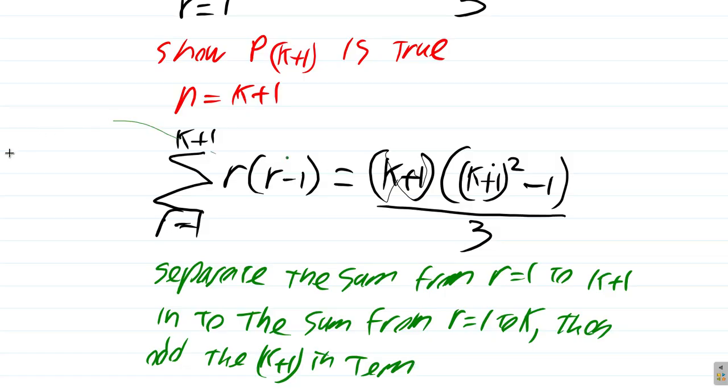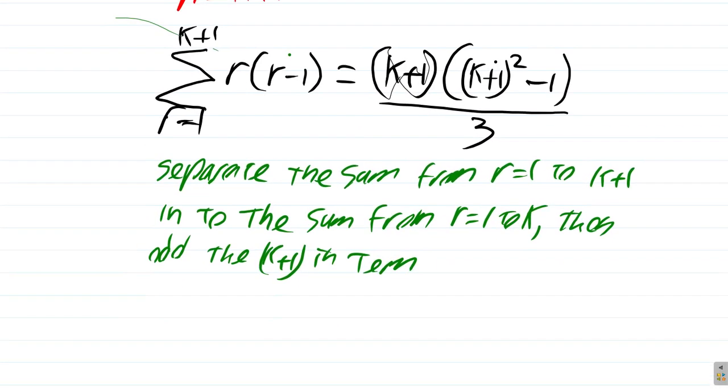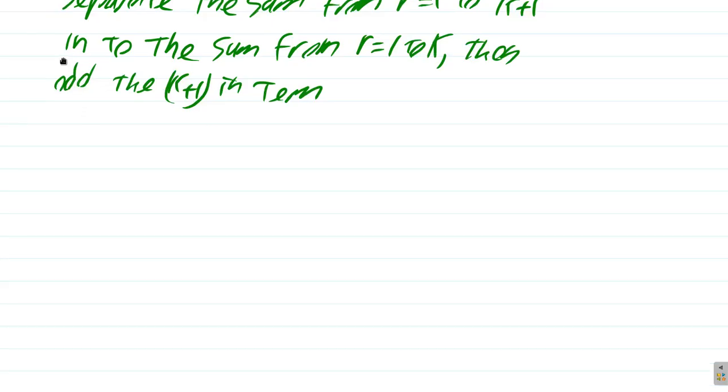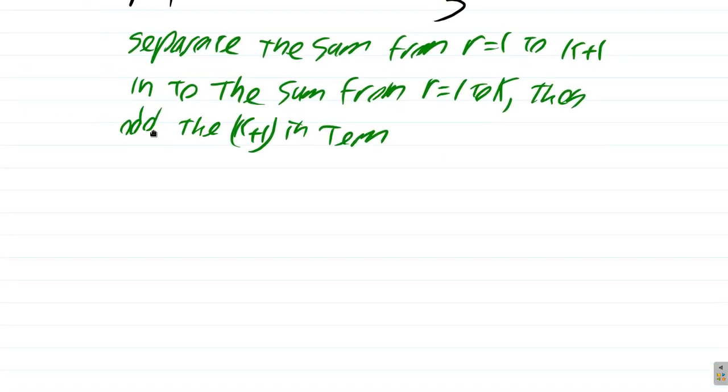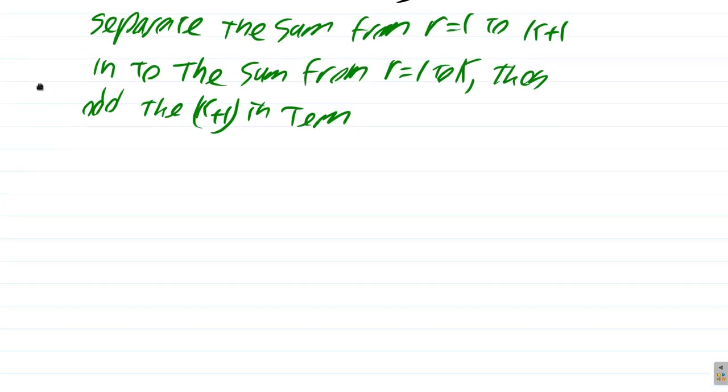It's like you're saying you're summing from r equals 1 to 6. Let's say 1 plus 2 plus 3 plus 4 plus 5 plus 6. But 6 is 5 plus 1.